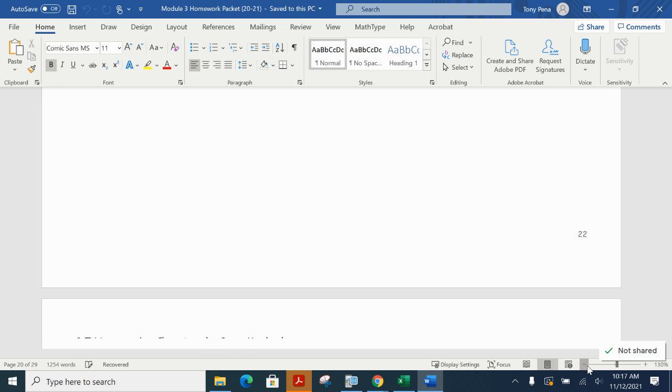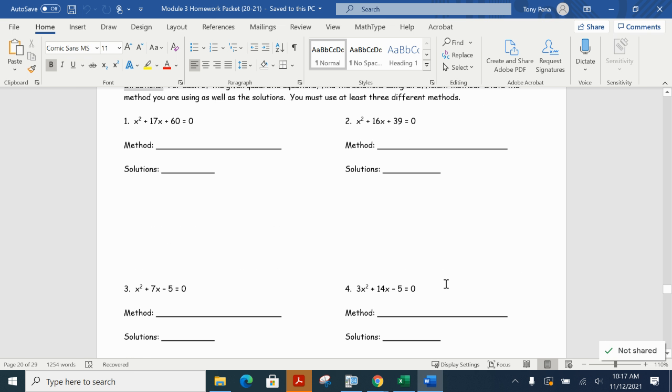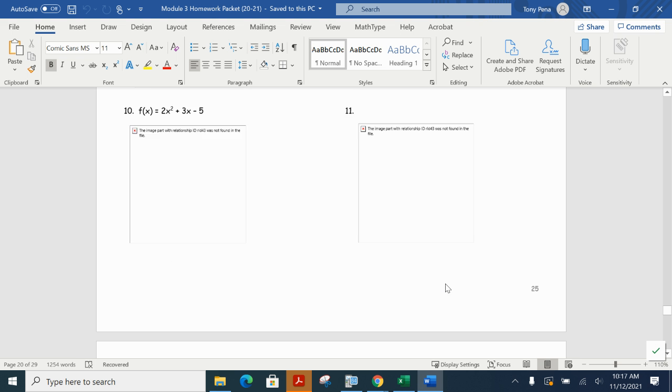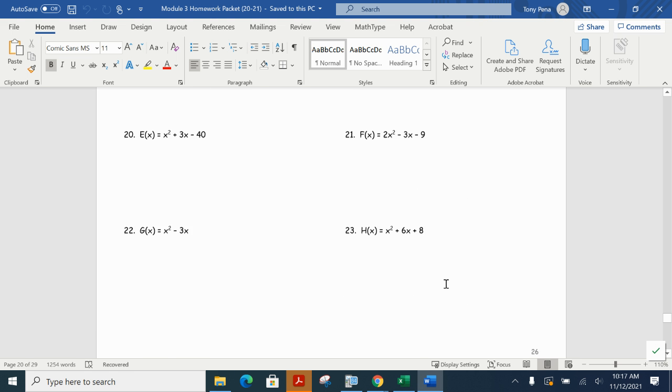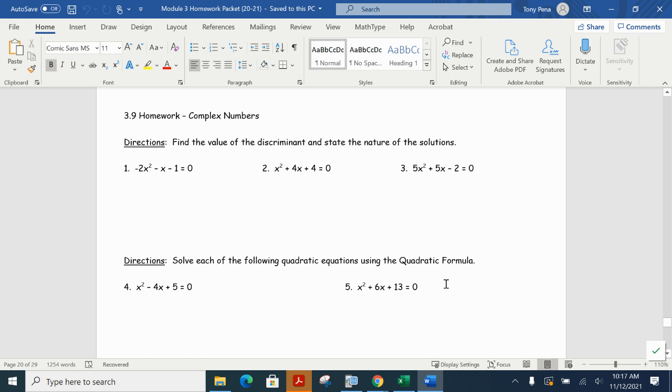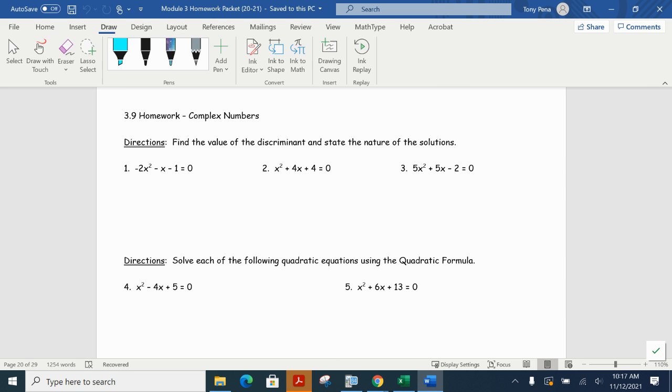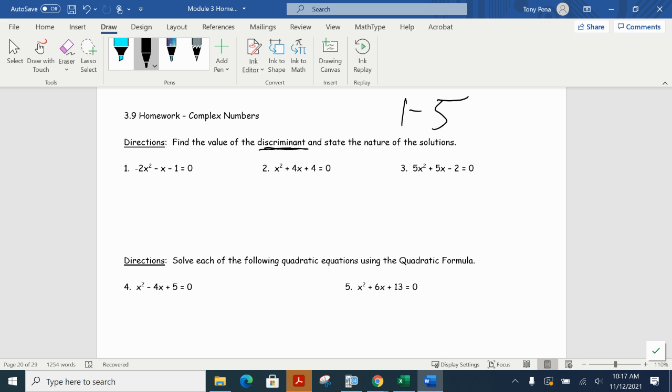All right, on the homework, you're going to do 1 through 5 first, once I find it. So don't worry about the ones at the bottom. Just show me 1 through 5 that we can go through those. All I want you to do, don't worry about this word discriminant yet. We didn't quite get to it. All I want you to do is solve all of these with the quadratic formula. So it's just 5 quadratic formula problems.